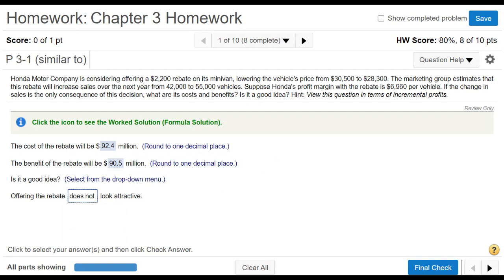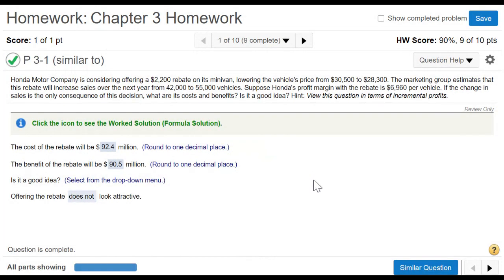Okay, now, here's what happens. The last part, to get this 90.5 million: they usually sell 42,000 cars. Their sales went up by 13,000, right?